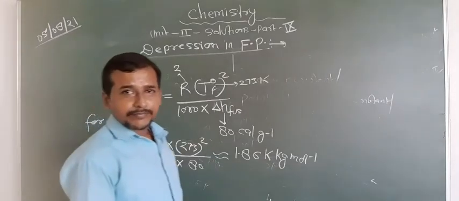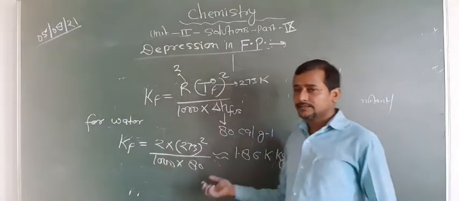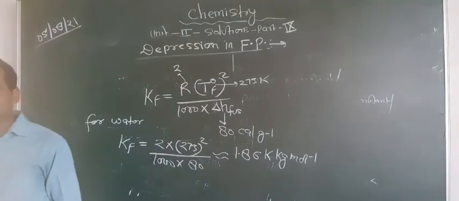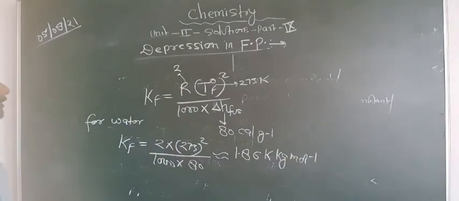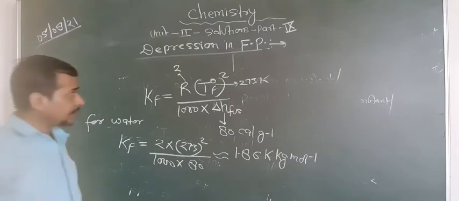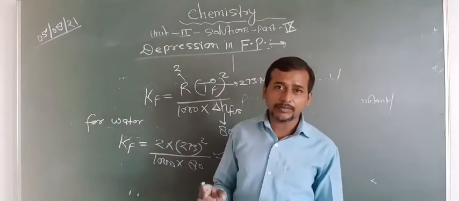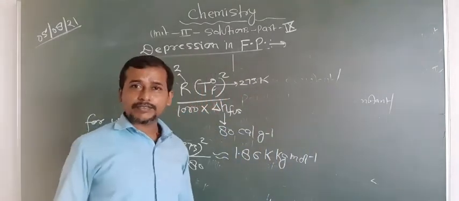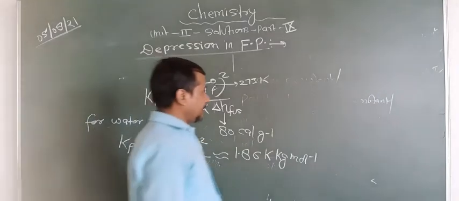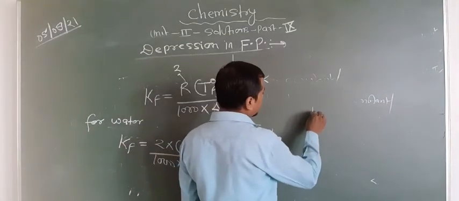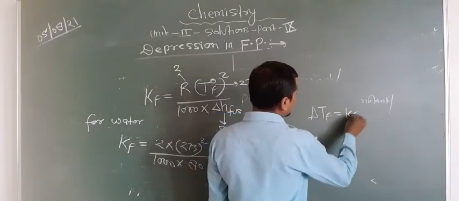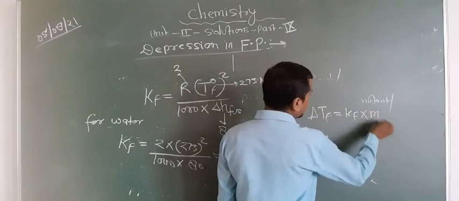As you know, these constants depend on the nature of the solvent. If the solvent is changed, the value of this constant also changes. So these are all about the depression in freezing point. Now some more things you have to note down: if we have an equal amount of solute in an equal amount of solvent, in that condition they have the same depression in freezing point. Look at the condition: we know that delta TF is equal to KF into molality.